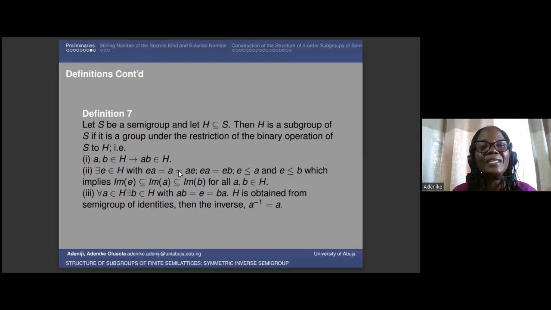And the identity here does not mean 1, as we may be expecting, but it's an idempotent. So we have this defined, and then for all A in H, there exists B such that the inverse, that is, one is the inverse of the other. But in this particular study, the inverse of an element is itself.